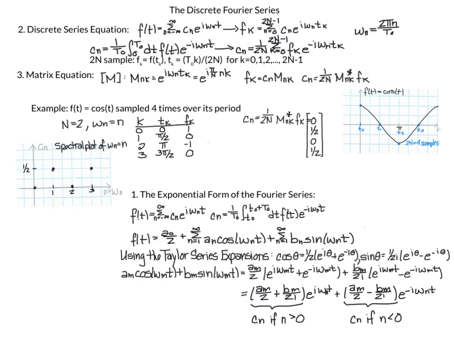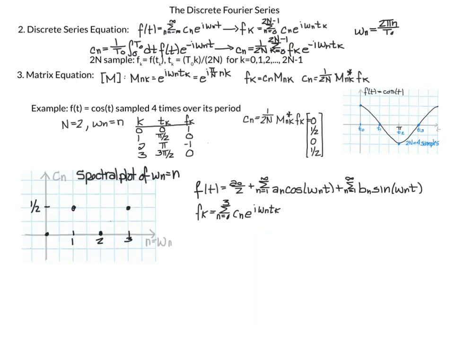So the thing I want to remind you is when we have these coefficients for e to the i omega n, this relates to a sine or cosine of omega n t. And here we would say t sub k because we're talking about the discrete times, whereas here we would just say t because we're talking about continuous time.